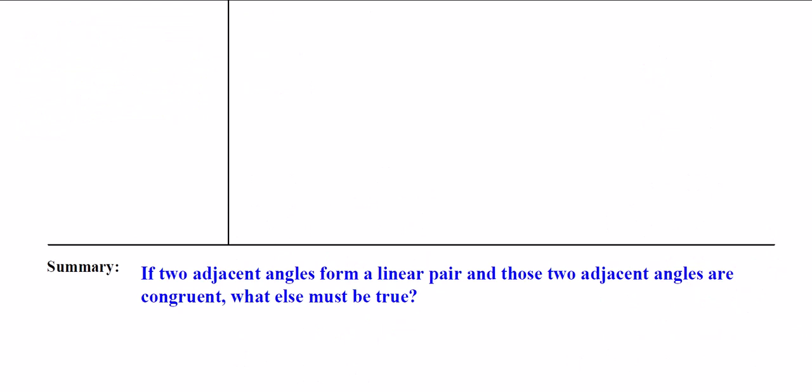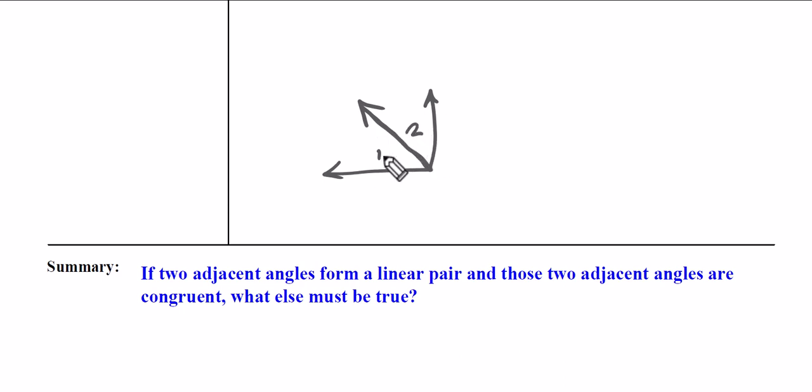For the summary, I warn you about this in every video. We keep adding more and more and more each time that we talk. Now we're adding perpendicular, right? We've used words before like adjacent and linear pairs and congruent and complementary. But let me just recap a few of these things. Adjacent angles are angles that are touching each other and that share a common ray and vertex.